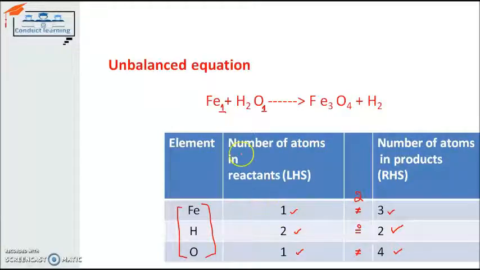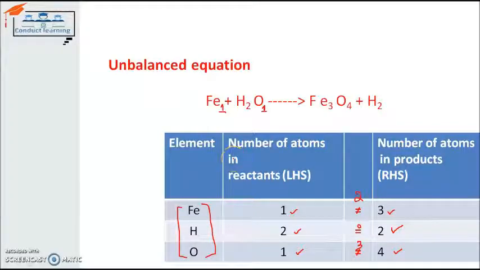The number of atoms for oxygen is 1 on the reactant side and 4 on the product side, which is again not equal. The difference is 3 atoms. So this equation is unbalanced because of iron and oxygen.